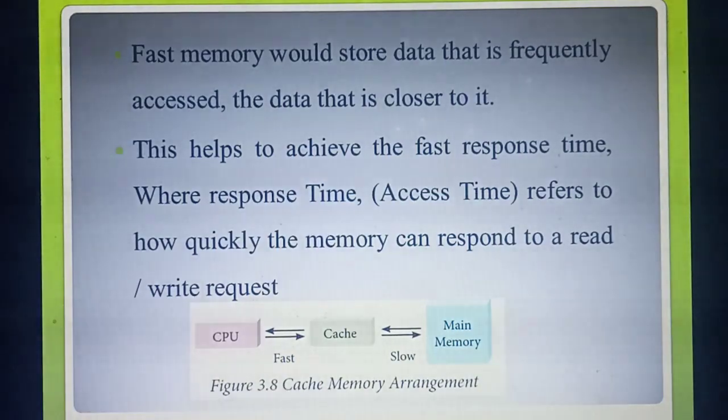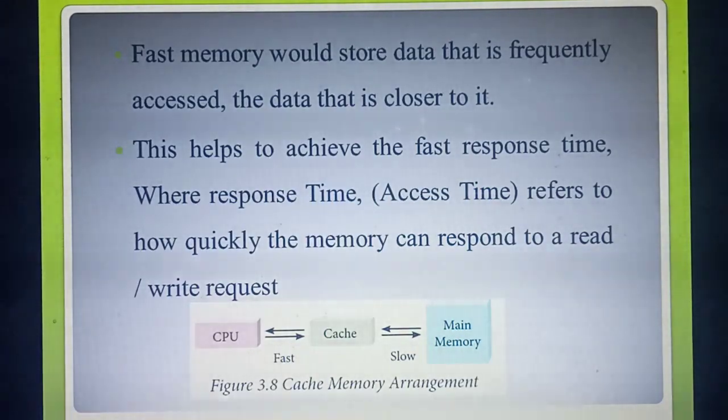Next time, there is no need to go to the server; directly from the cache memory it will get the information. That is called response time. To avoid time consumption and get a fast response time, you use this cache memory, whether you read the data or sometimes edit the data.